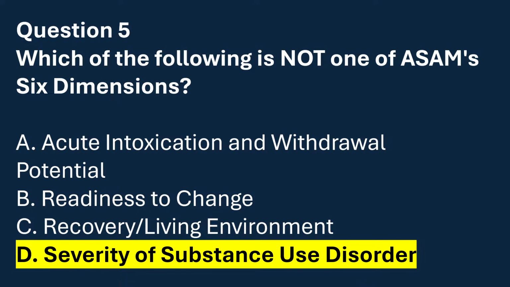A is incorrect because acute intoxication and withdrawal potential is dimension 1, and it evaluates the client's current intoxication and risk of withdrawal.